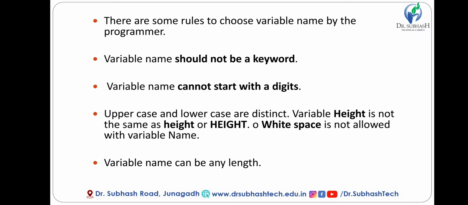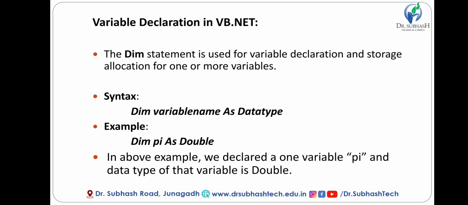A capital ABC variable name and a small abc variable name are different. So here is the example of how uppercase and lowercase are distinct. White space is not allowed in a variable name. We cannot give white space in between a variable name, and a variable name can be of any length. So these are the rules for naming a particular variable in VB.NET.